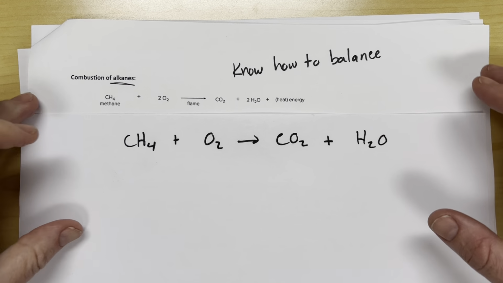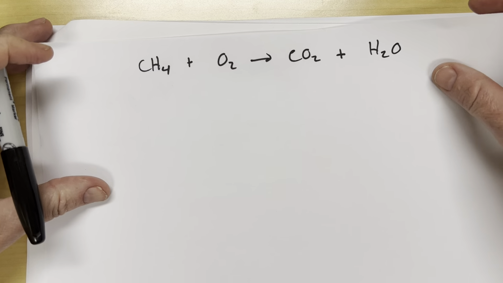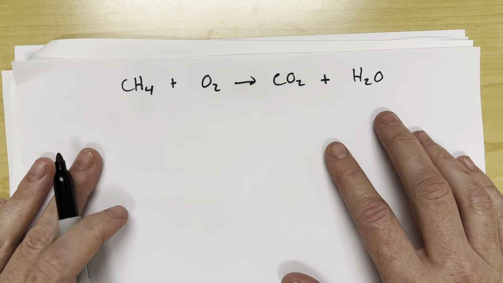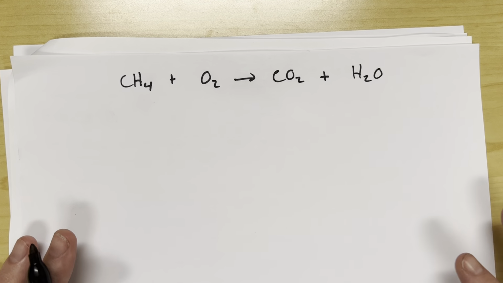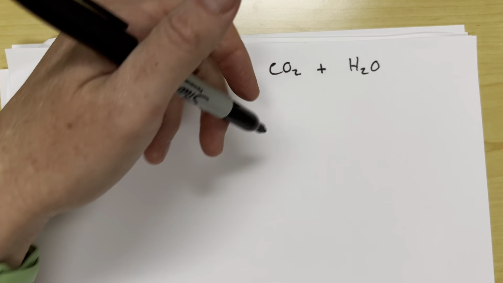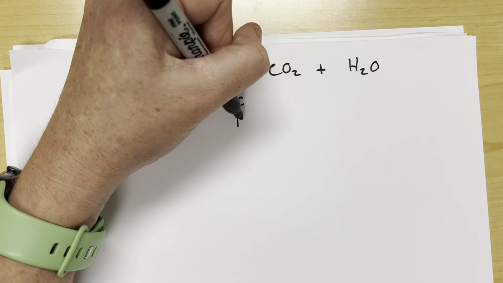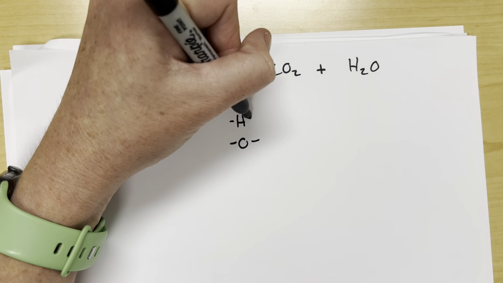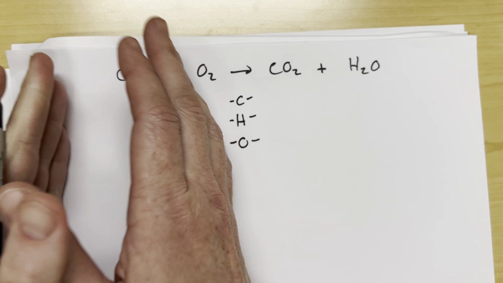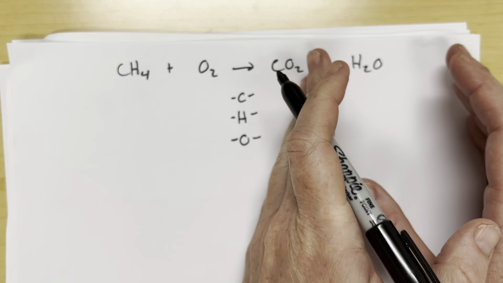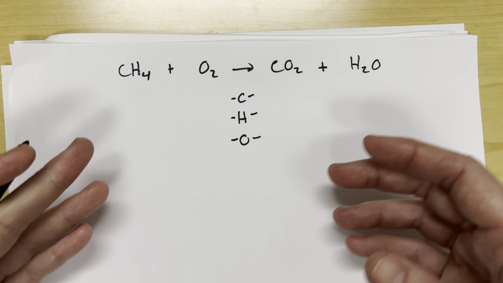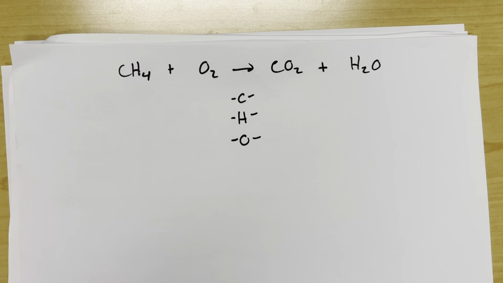So if I said balance this, one of the best ways to balance a combustion reaction that I've found is to just CHO it up. CHO. So you find the number of carbons on the left, find the number of carbons on the right, you make a match. Move on to hydrogens, you do the same thing. You move on to oxygens, you do the same thing.